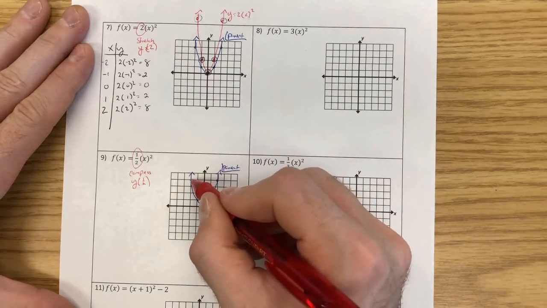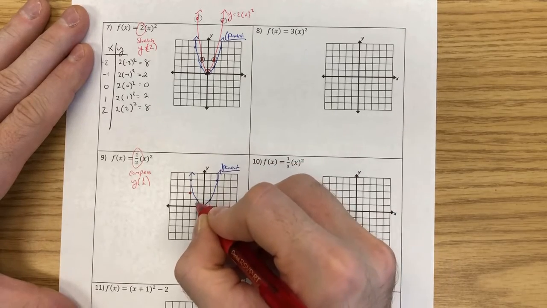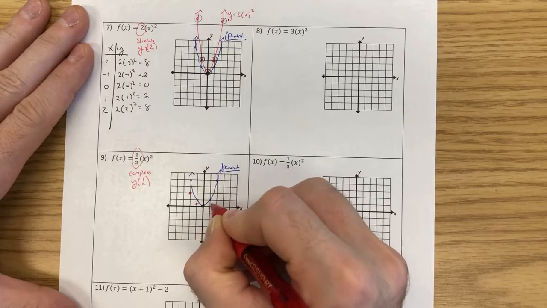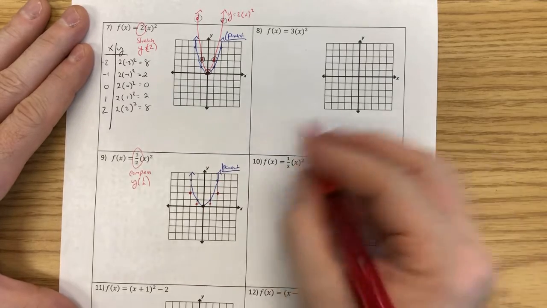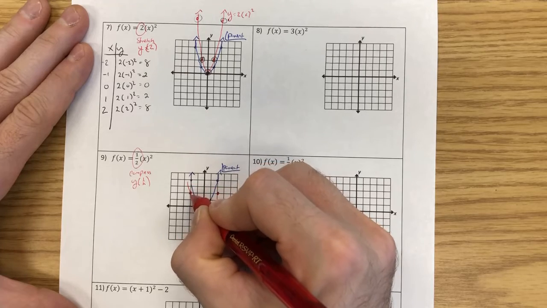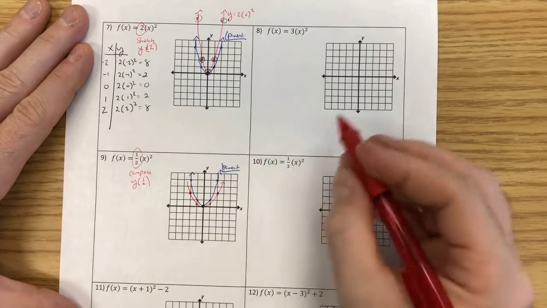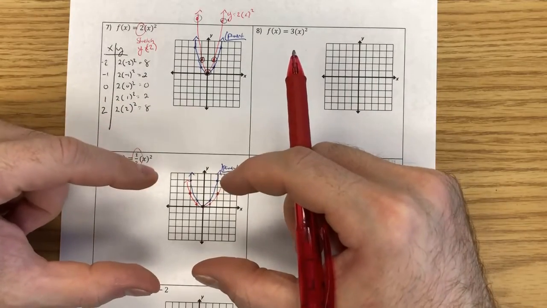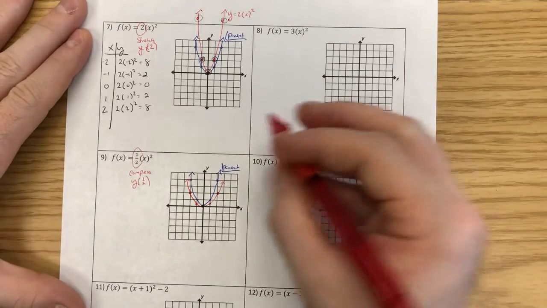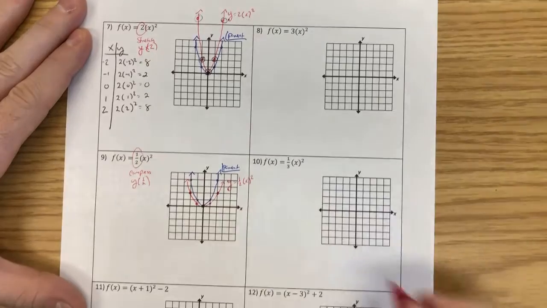So I'm going to take this 4 and multiply it by 1/2, which is 2. The 1 is 1/2, 0, 0. This 1 is 1/2, and this 4 is 2, which is going to lead me to something that looks kind of like this. Now we notice that this blue graph, in order to make it fit, would have to be squished downward. So y equals 1/2 x squared.